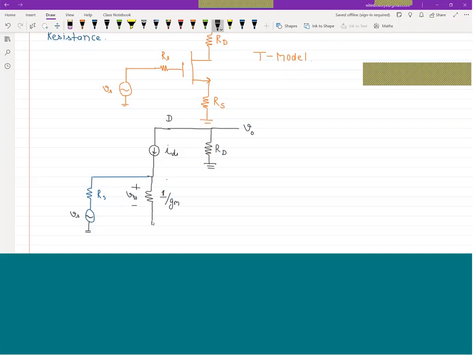Between source and ground there is resistance Rs. So this is the complete idea for the circuit. This circuit is a common source with source resistance. Now let's calculate all the parameters. What is the gain of this circuit?